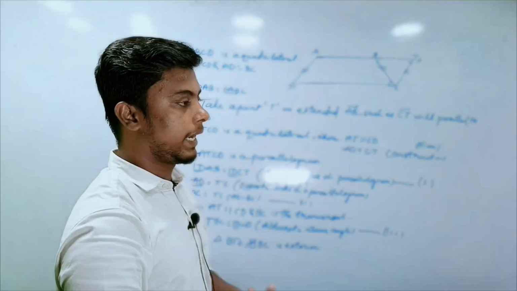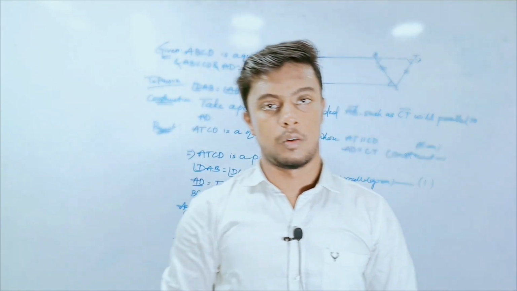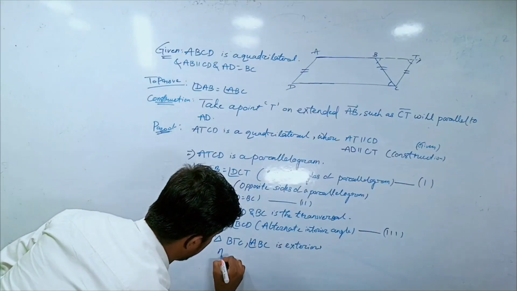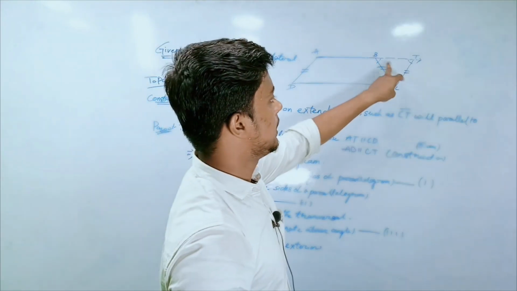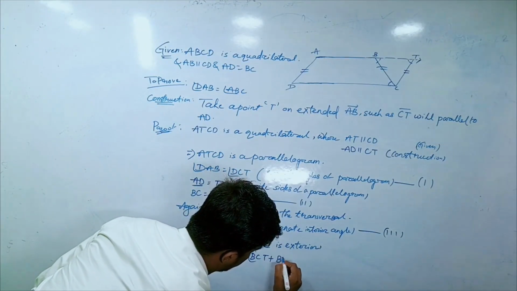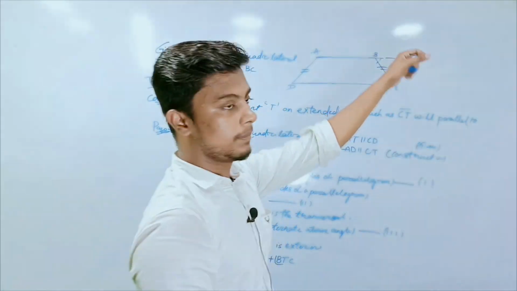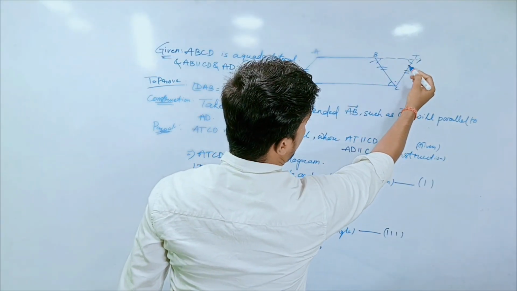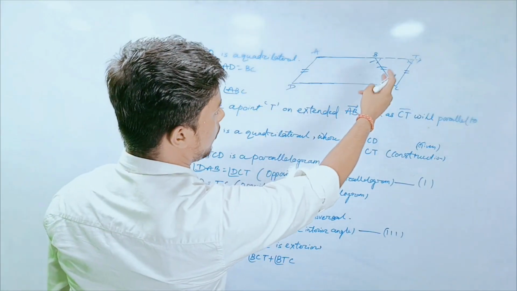You know that in a triangle, the exterior angle equals the sum of the opposite interior angles. We took help of that property: ABC equals the sum of opposite interior angles, BCT and BTC. That means this angle equals the sum of this one and this one. So ABC equal to BCT plus BTC.